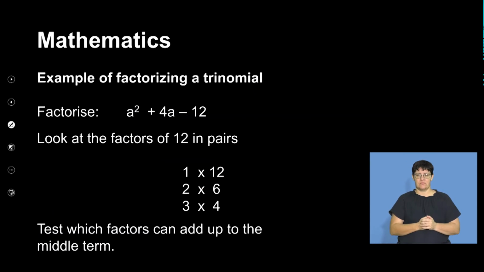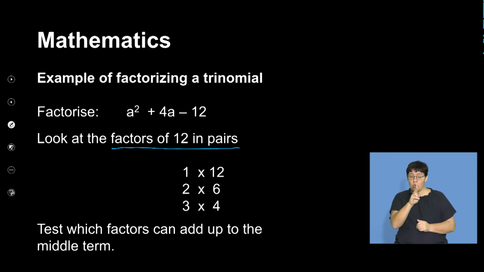So let's look at a squared plus 4a minus 12, the example I started with when we spoke about a trinomial. You're always going to look at the factors of 12 in pairs. I prefer listing the ones on my left in ascending order and the ones on my right in descending order. So it's 1, it goes with the 12, it's 2, it goes with the 6, it's 3, it goes with the 4.